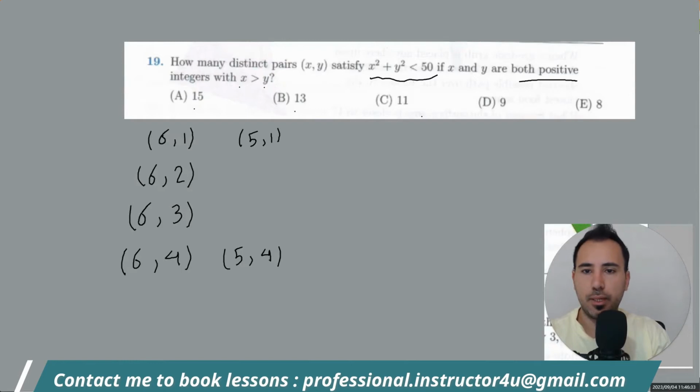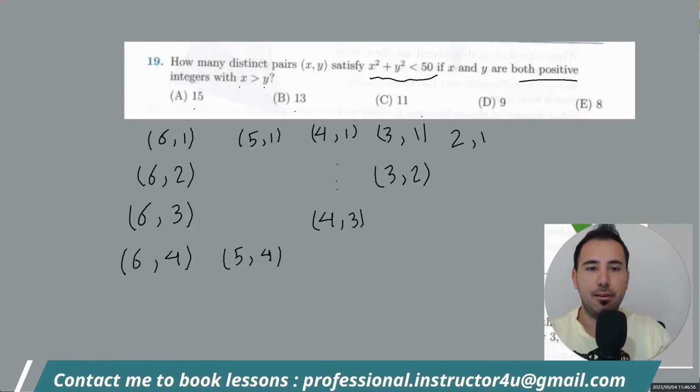So now we're going to go with obviously 4 and 1, so 4 and 2 and 4 and 3. Then it's going to be x being 3, y being 1, and 3 and 2, and lastly 2 and 1. This is all of them.